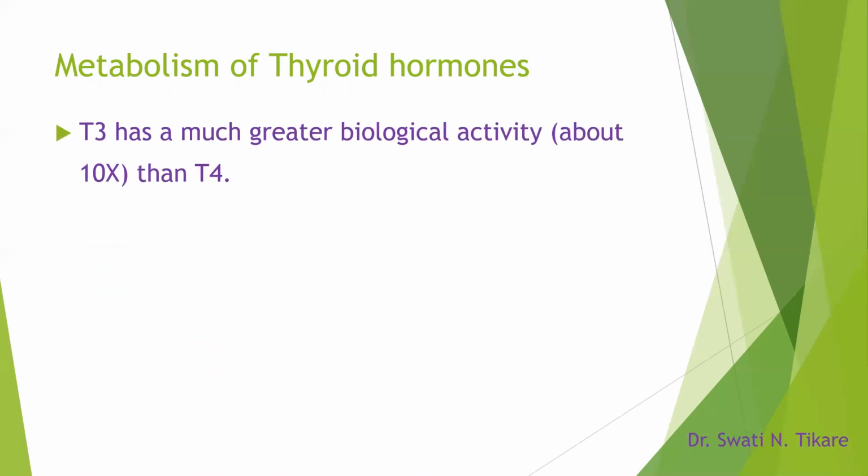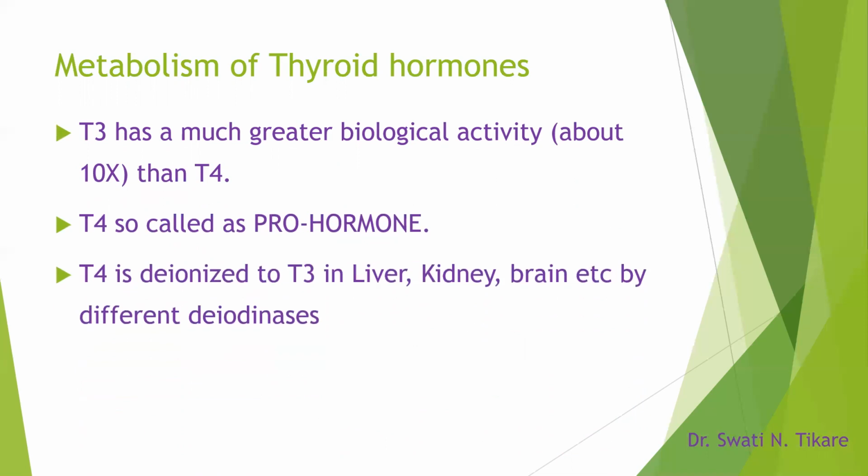So basically, we said more of T4 is there, but T3 has more biological activity. So T4 is deiodinated in the various tissues, wherever it is required. So T4 is deiodinated to T3 in liver, kidney, brain, etc. by different deiodinases. So this is one way of metabolism.